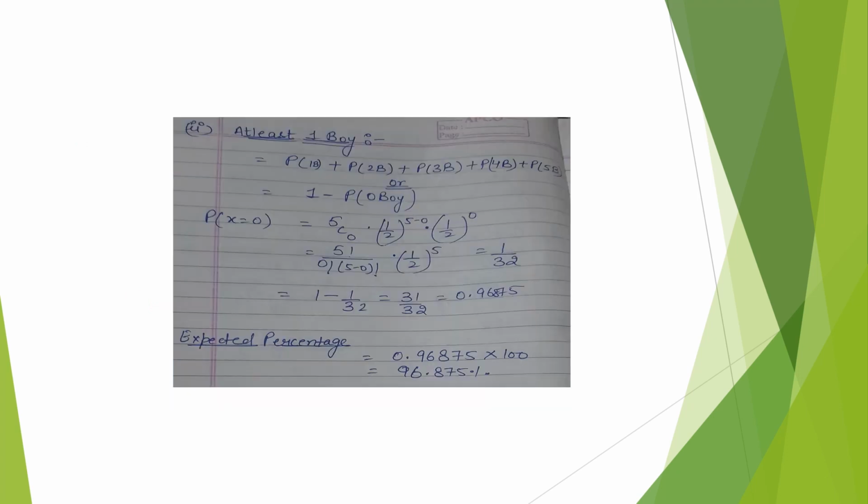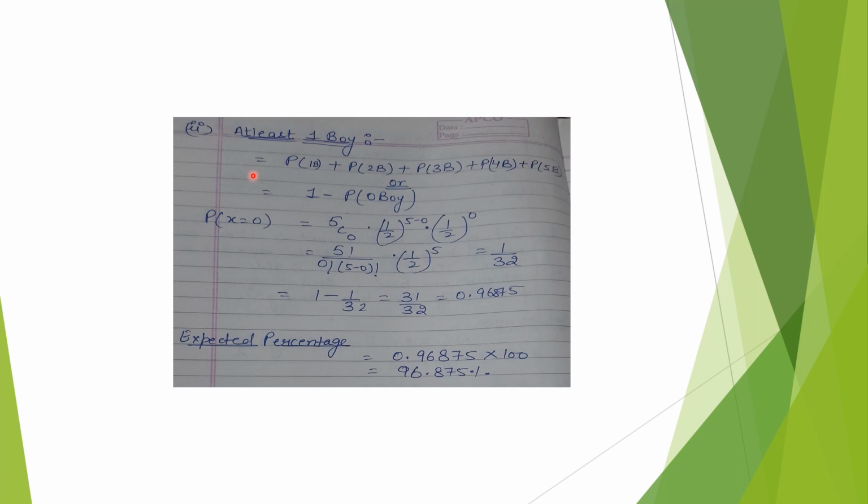After completing the first point, now moving towards the second point of this question, which is asking for the probability of at least one boy. Now, under the second point, they are asking for the probability of having at least one boy in a family of 5 children each.